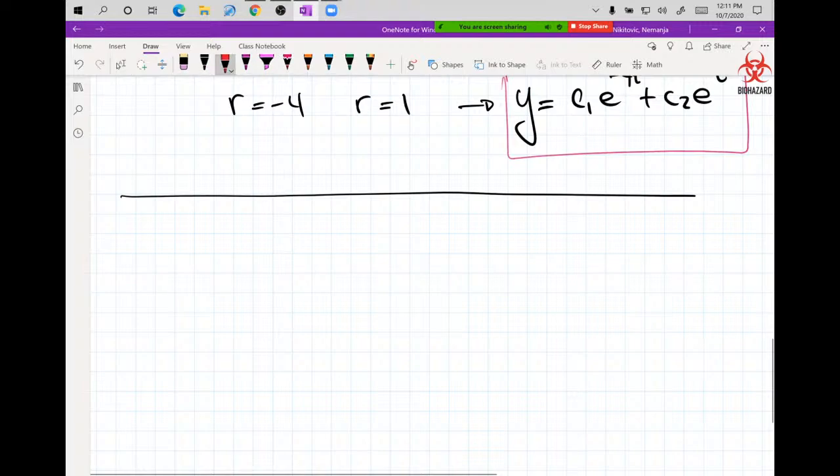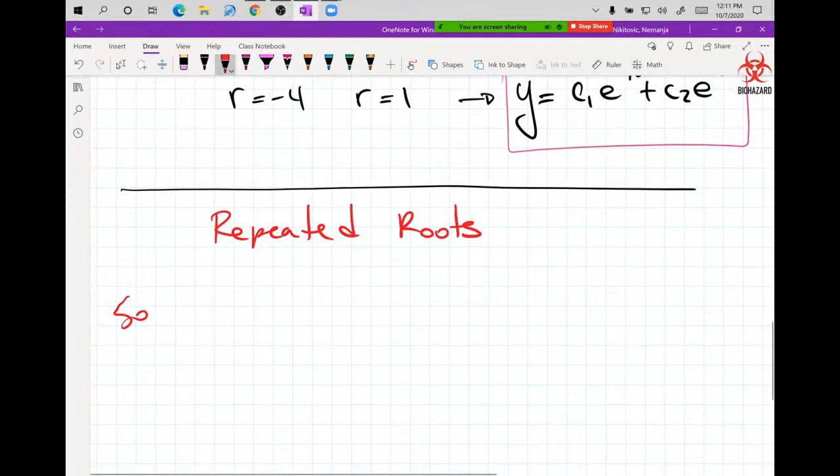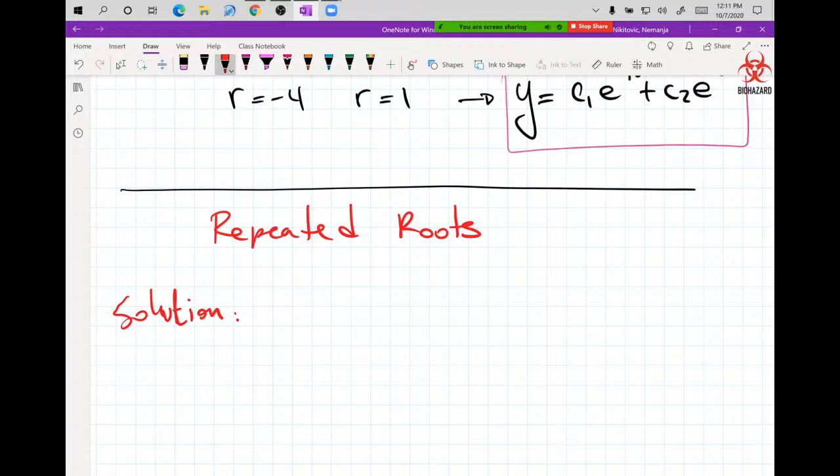Now we go for repeated roots. Now, these can be, as you saw earlier, mixed with distinct, but the rule for repeated roots is that you are multiplying by t. So now, when you have your repeated roots, the process to solve doesn't change, it's just the solution changes.